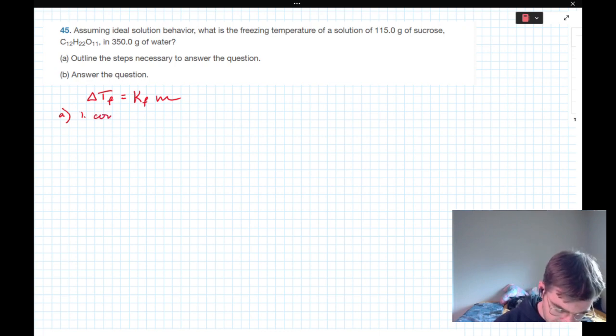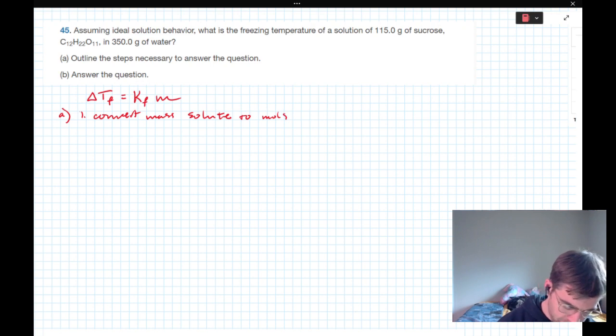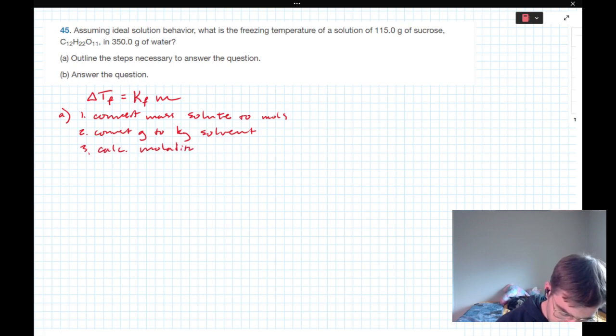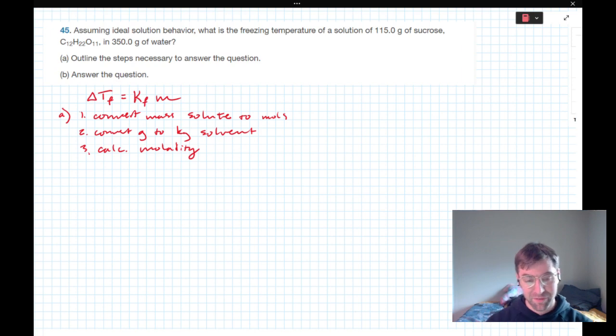Step 1, convert mass solute to moles. Convert grams to kilograms of solvent. Calculate molality. This is different from molarity, which is moles per liter, moles per volume.